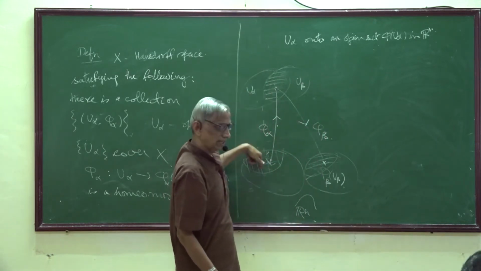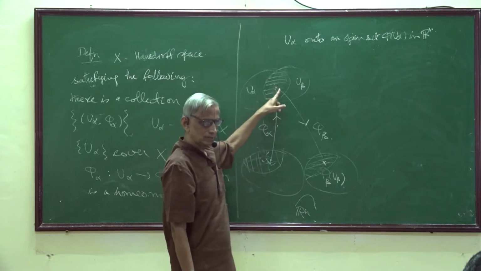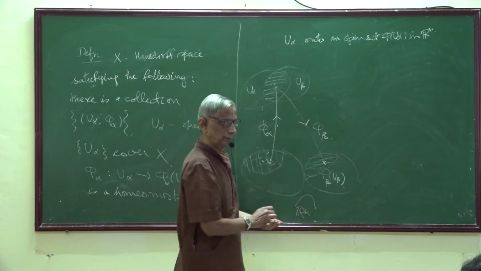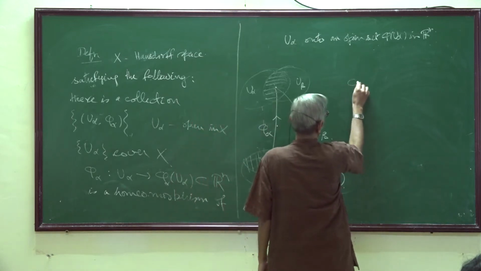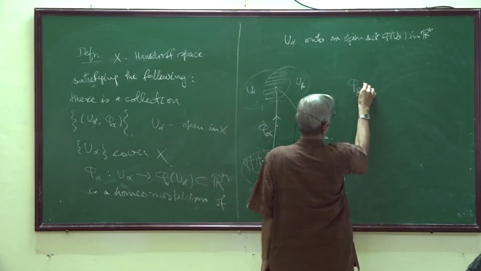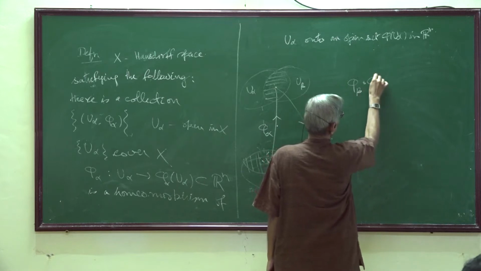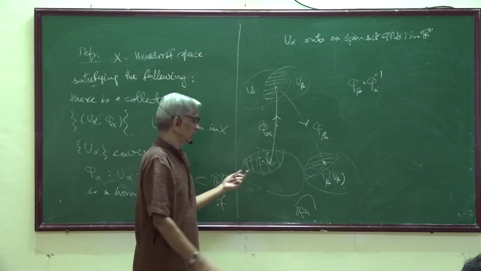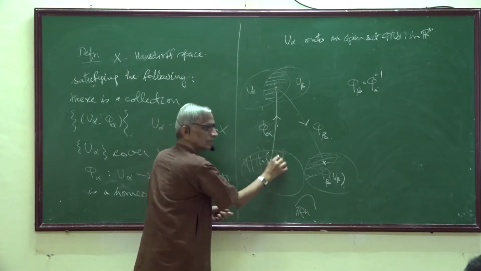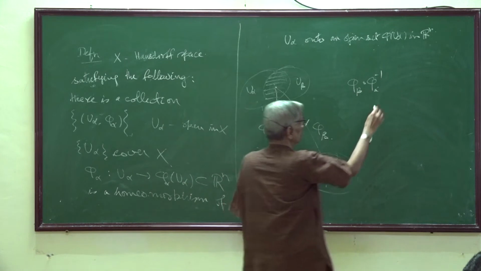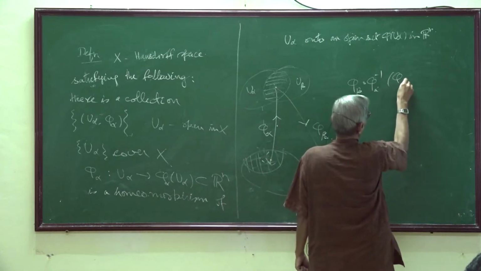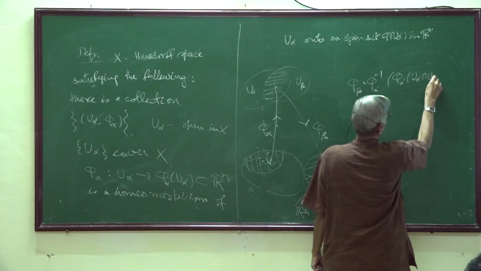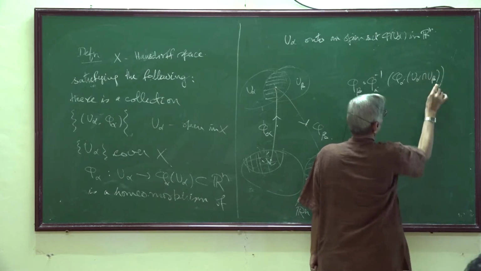So this way is phi alpha. So this phi alpha inverse composed with phi beta. So where is this defined? Phi alpha of U alpha intersection U beta.